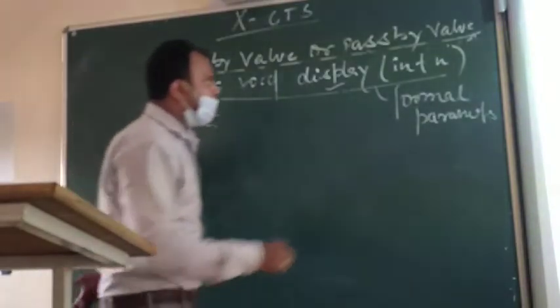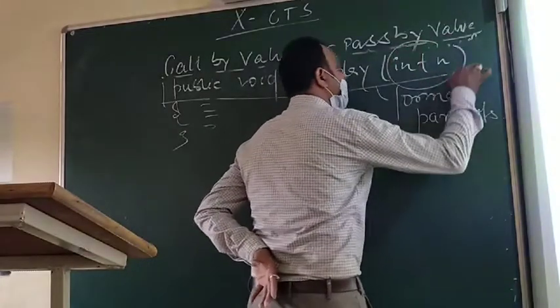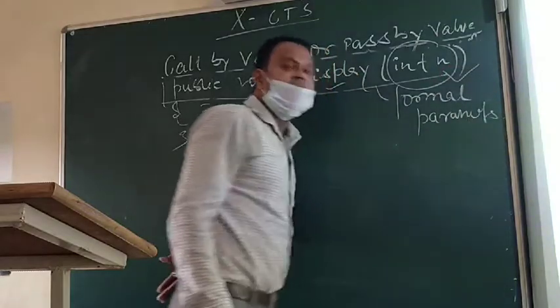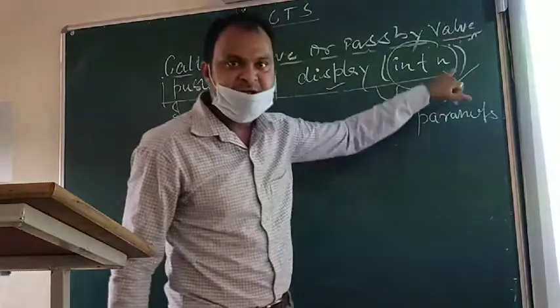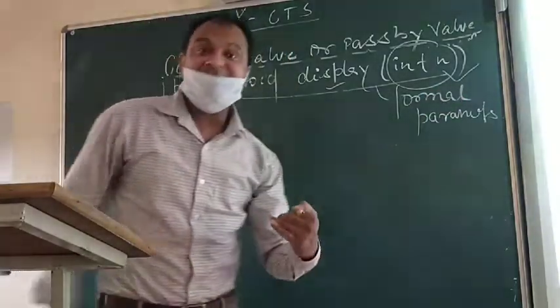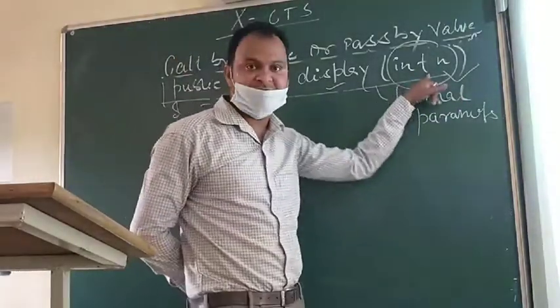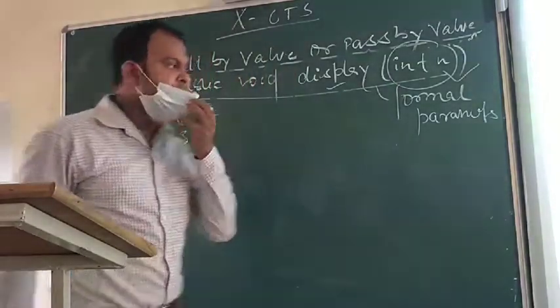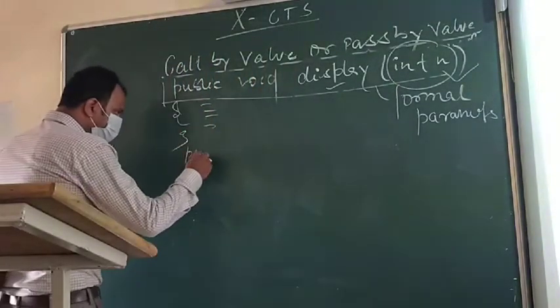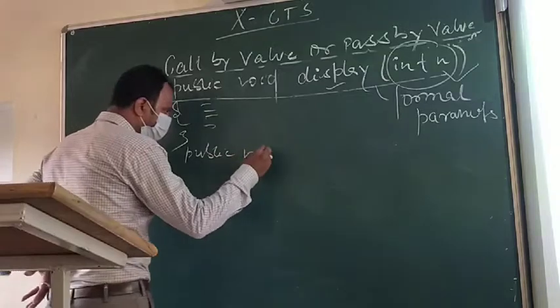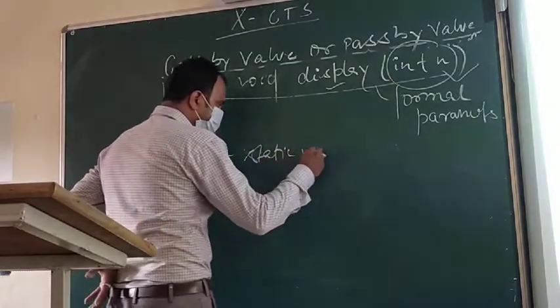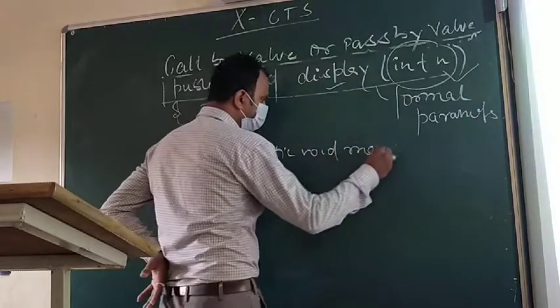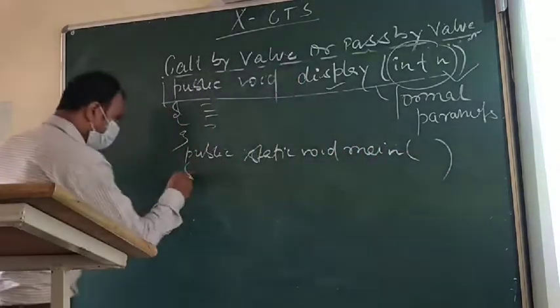And definitely, if we have passed this parameter, we need to give the value for this n, for this integer type. The location from where we give the values to this formal parameter is called actual parameter. For example, suppose we have a main function, public static void main. From the main function we are providing the value.